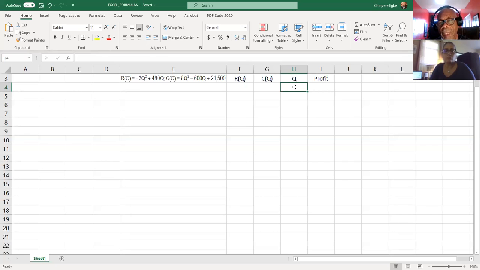Now, ordinarily, the quadratic equation gives rise to zero values, where you find the quantity Q where the revenue or cost is going to be zero. But ordinarily, cost will not be zero because there's a fixed cost here of 21,000.